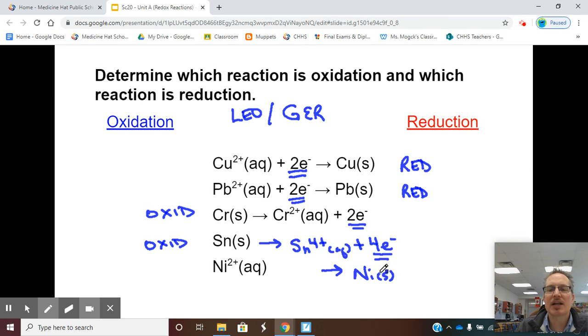No charges on nickel atom. 2 positive on nickel ion. So 2 positive plus 2 negative equals no charge, no charge. Since this one is gaining electrons, electrons are on the reactant side, it is getting electrons in this reaction. This one will also be a reduction half reaction.